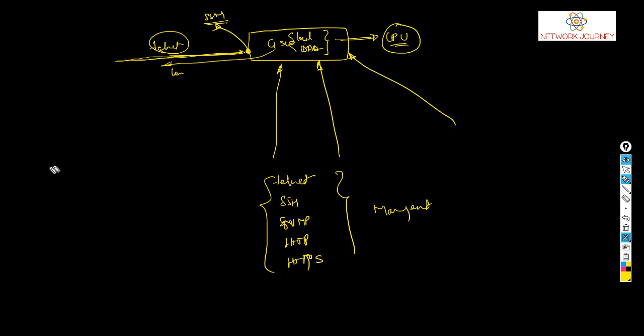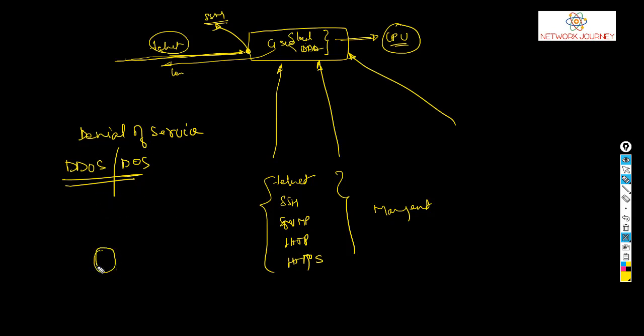Now let's talk about a DDoS attack or DoS attack. It's nothing but denial of service. Now what is DDoS or DoS? Let's say I have a Cisco box, and there is a group of attackers from multiple locations.